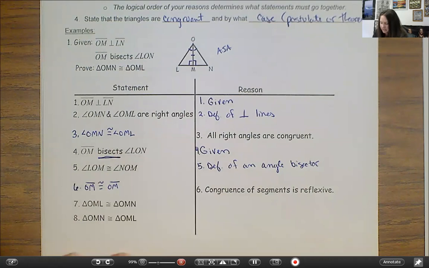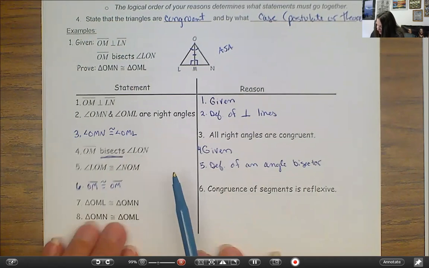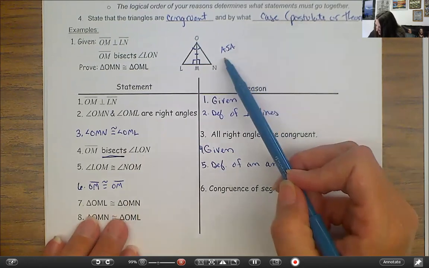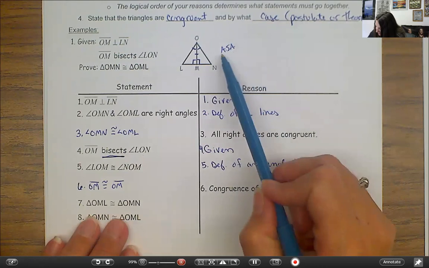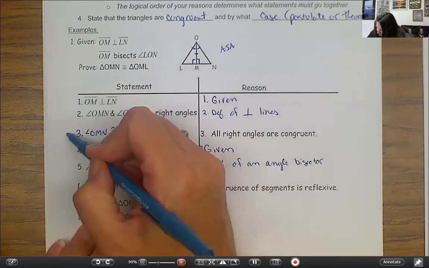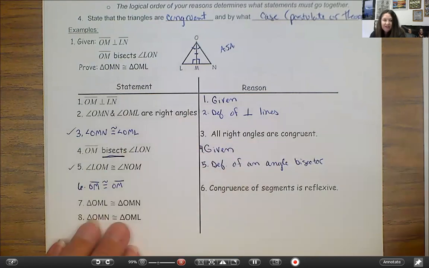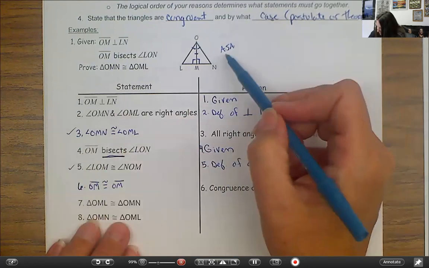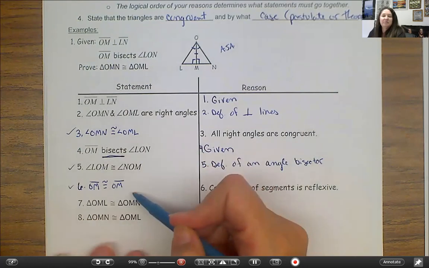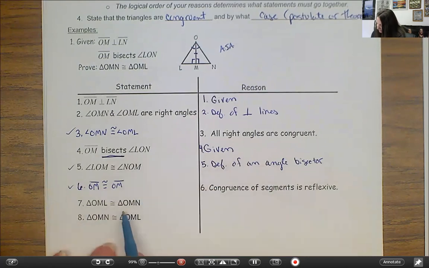Okay, at this point then I should be able to write my triangle congruency statement, because I look back here and I should see that I have two sets of congruent angles, one right here and one right here, and I have one set of congruent sides. If I have those three congruent statements within the proof, I'm ready to write my congruency statement.